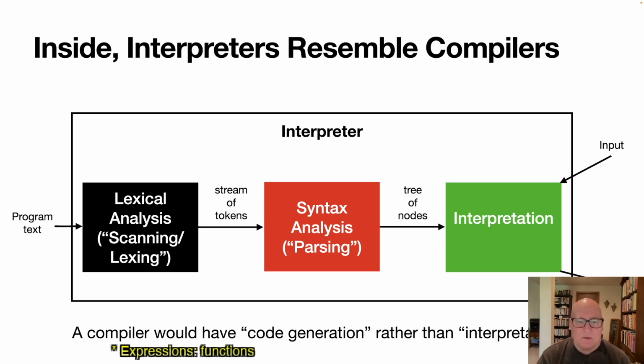And then you feed that through syntax analysis, which is also some semantic analysis, and it creates a tree of nodes. Then in a compiler, you would generate code from that tree. In an interpreter, you just directly walk through the tree and do one step at a time. Input, output, it's a running program at this point.